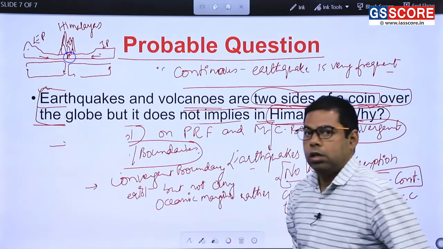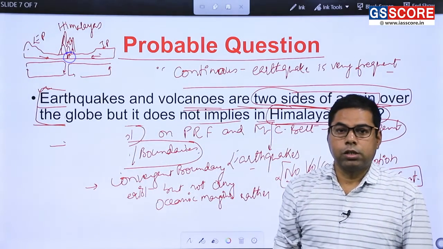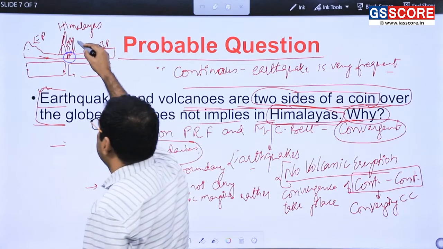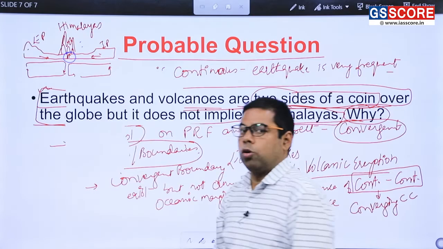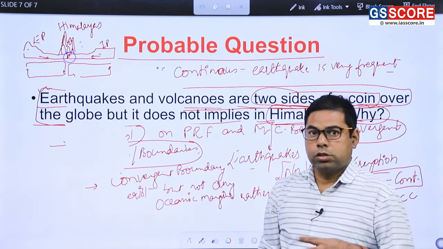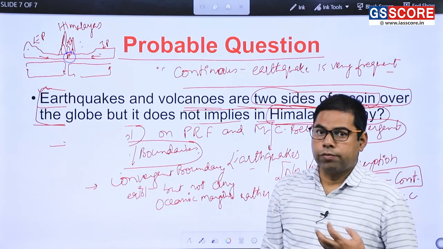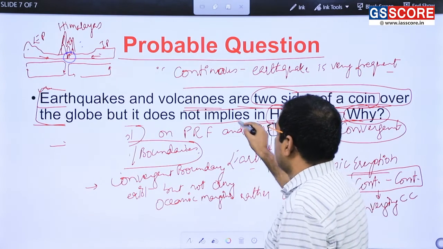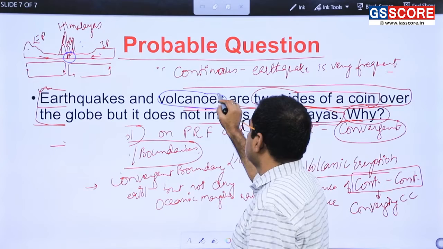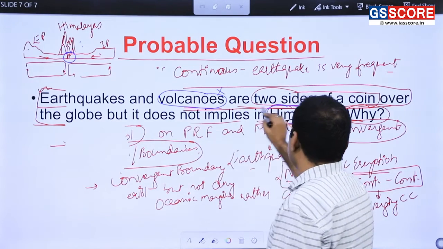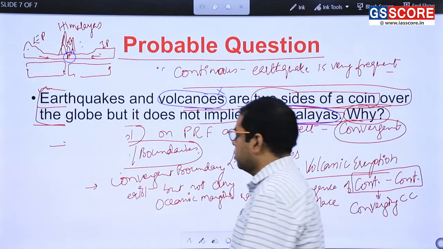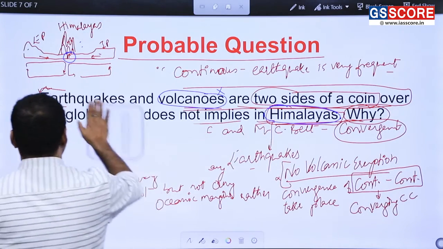There is no subduction; rather there is a collision that has resulted in the fold formation, and frequent earthquakes have been observed. Because of no subduction, there is no volcanic eruption in the Himalayas. I hope this is clear. So that way your answer will be developing, right?